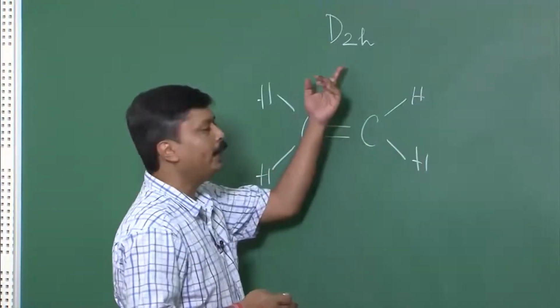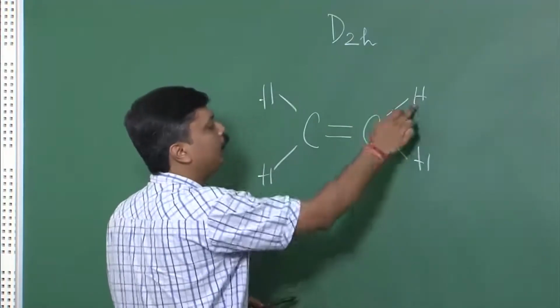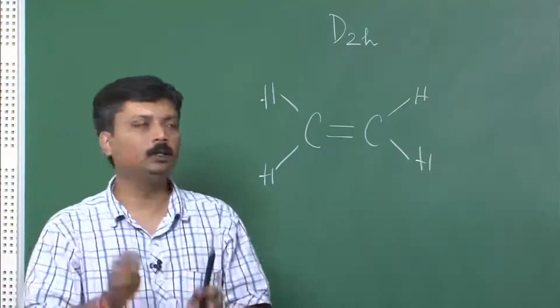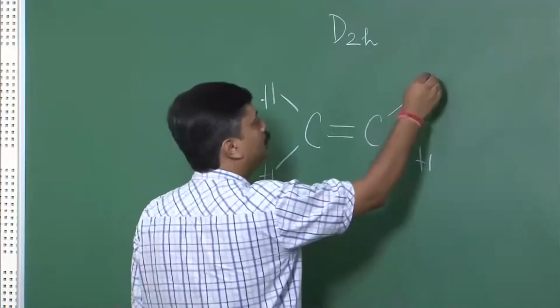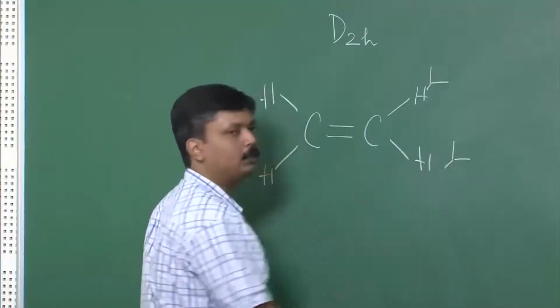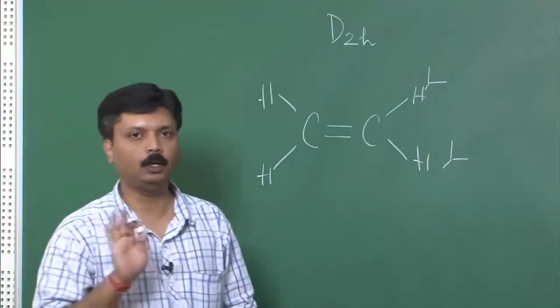So one way I showed by XYZ. Another way, I can take that for each one of these atoms I can use their coordinates. So this hydrogen atom will have its own XYZ coordinate. This one will have its own XYZ coordinate. So this carbon, this hydrogen, all of them will have their XYZ coordinates.